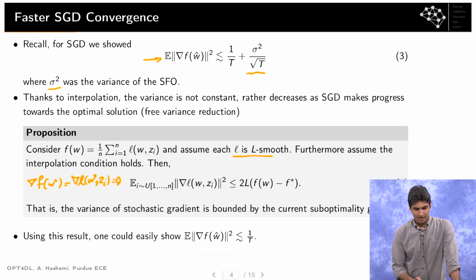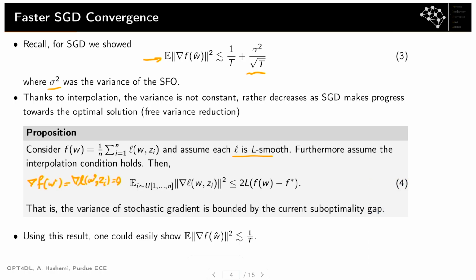Now, what we're going to show is that if you just use the simplest oracle, meaning that at every iteration you sample one of the data points uniformly at random, then the variance, or in this case, the second moment, which itself bounds the variance, is bounded by 2 times the smoothness constant L times the suboptimality gap.